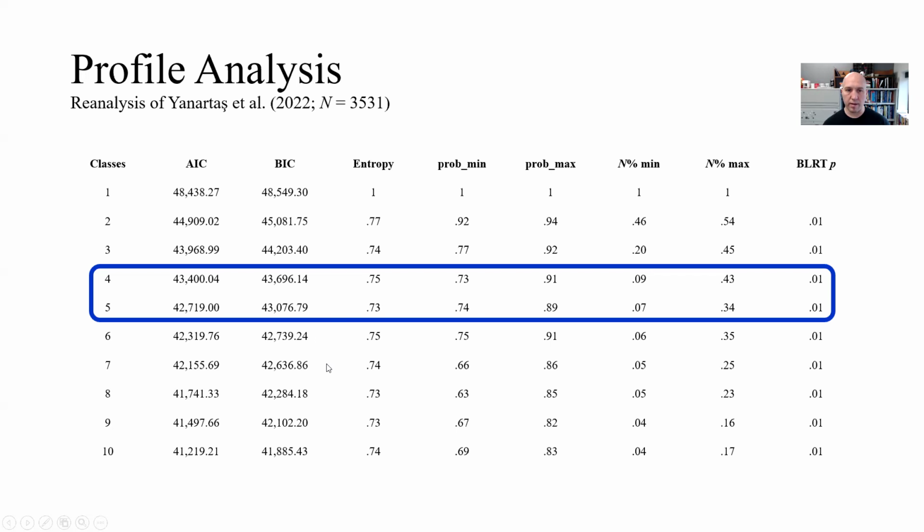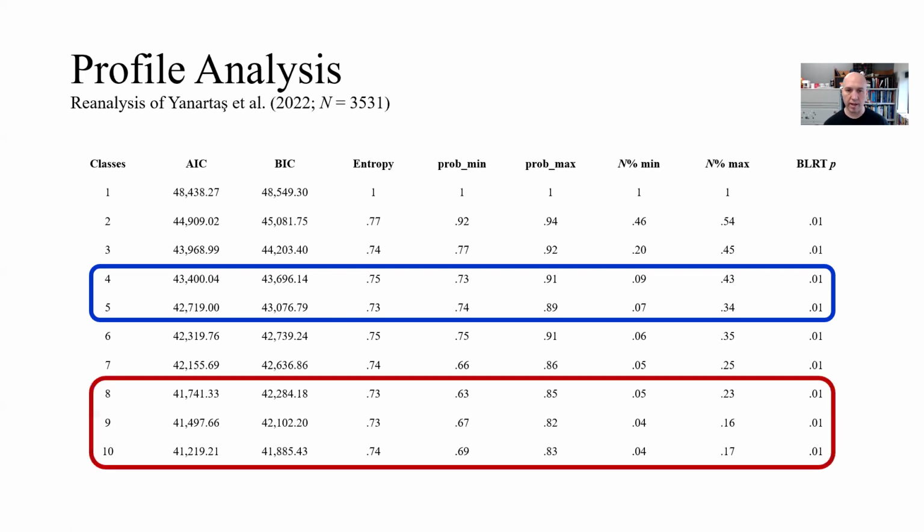If we say, okay, 4 or 5 is not the best, or none of these work, we want to look specifically at 9 types and compare it to 8 and 10. Here again, the BIC number is still going down, so I would suggest 10 types is better than 9.